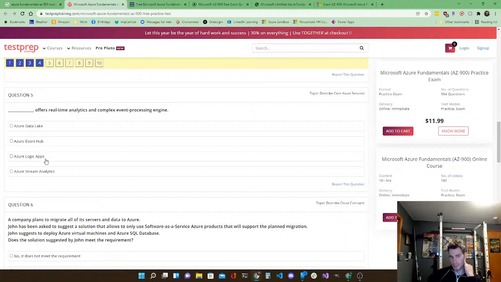Logic Apps is kind of like this workflow software that's got like a GUI component to it. I think that's maybe a little bit too kind of slow. I guess event processing engine, so Event Hub.